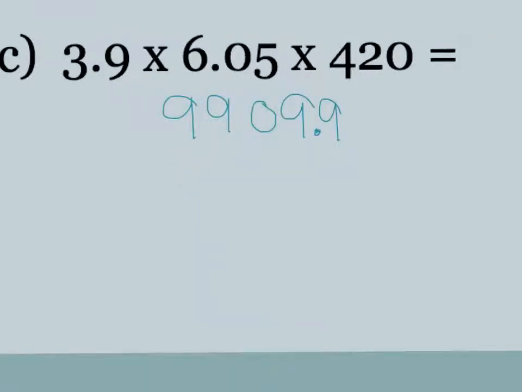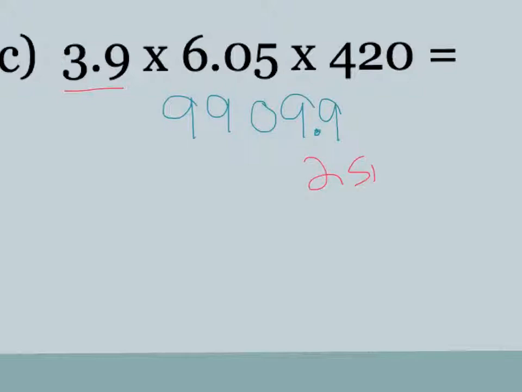Now let's look at an example of multiplication. The problem in this example says 3.9 times 6.05 times 420. Both 3.9 and 420 have two significant figures. When I originally multiplied these numbers, I got 9,909.9. I need to round this number so that it only has two significant figures, based on the 3.9 number.